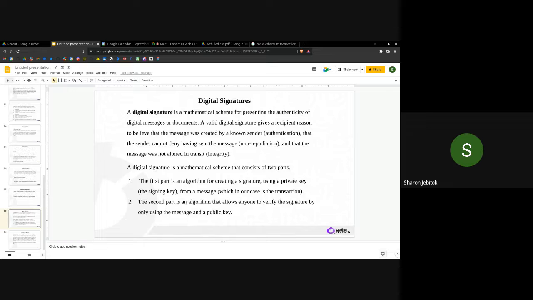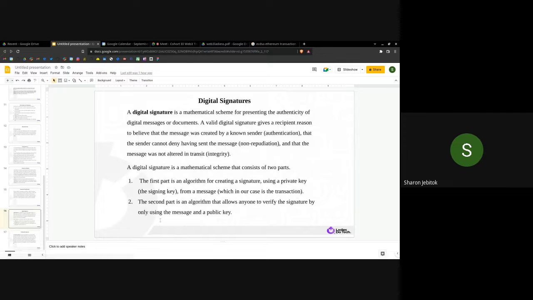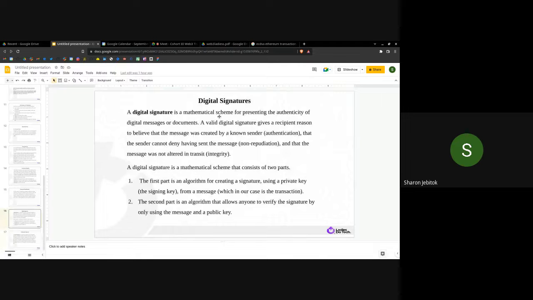So this second algorithm is used in verifying the signature. You're seeing here that it's an algorithm that allows anyone to verify the signature.